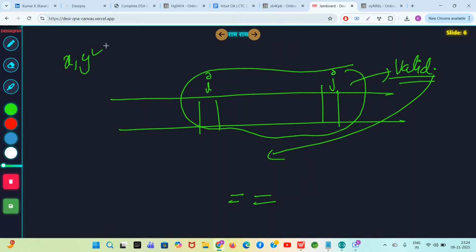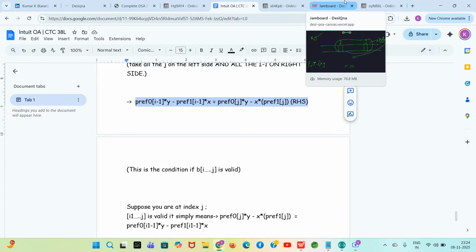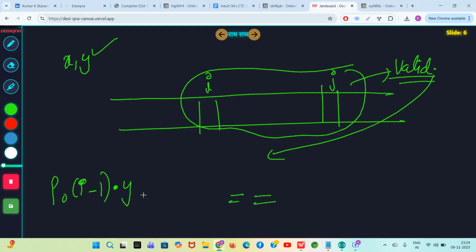X and y are given to us. Can you see I minus 1 is same at both the places?